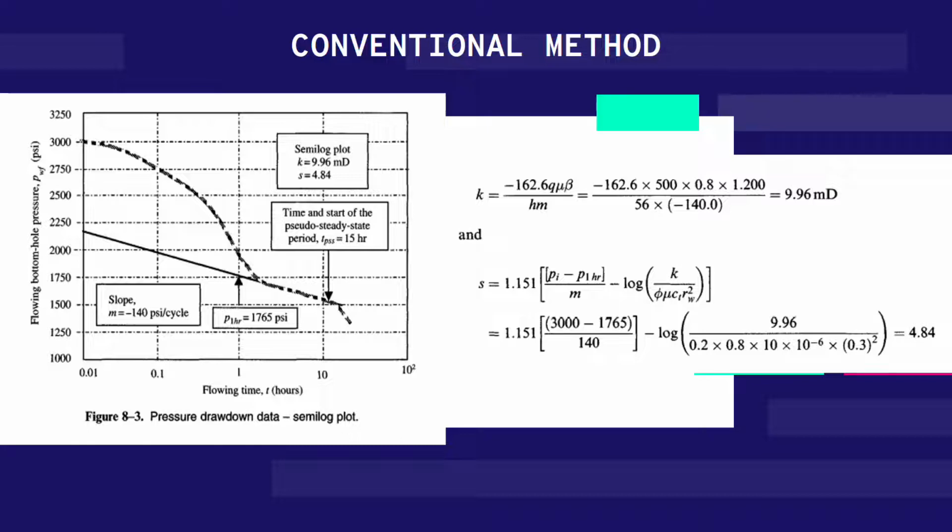So, when we substitute the values, 1.151 times the quantity of 3000 minus 1765 all over 140, minus log of the quantity of 9.96 all over 0.2 times 0.8 times 10 raised to negative 6 times 0.3 squared. So we get 4.84 for s.